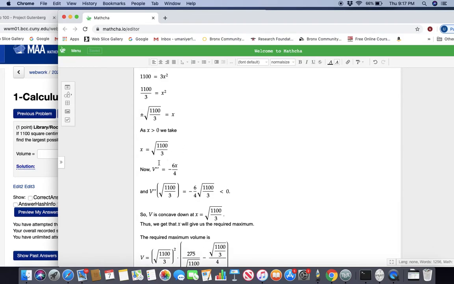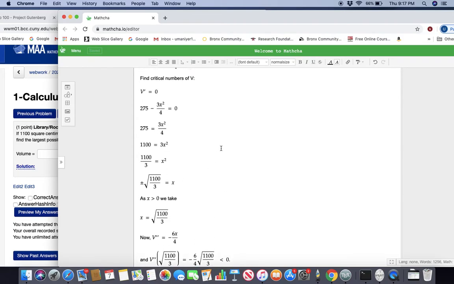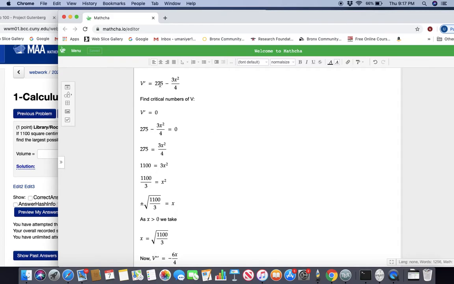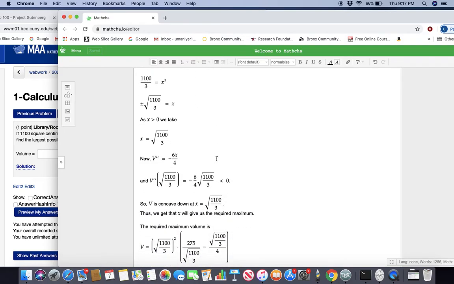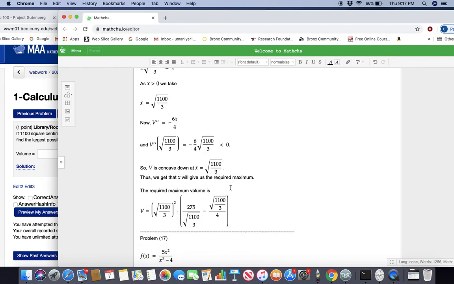Now look at the second derivative. So the first derivative is this guy. If I take the second derivative, this goes away. That gives me negative 6x over 4. Why is that useful? If I plug in this x, well, x is a positive quantity, 6 over 4 is positive, with the negative it is negative. So overall, I'm going to get a negative sign. The point of that is, if V double prime is negative, V is concave down.